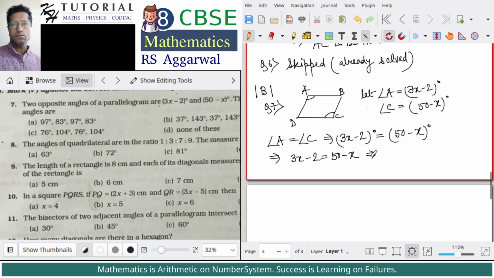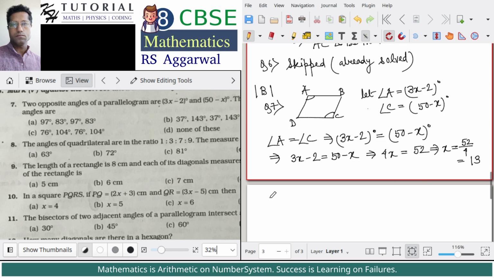This is a linear equation in x. If we solve for x, we have 4x is equal to 52. So x is equal to 52 by 4, which is 13.